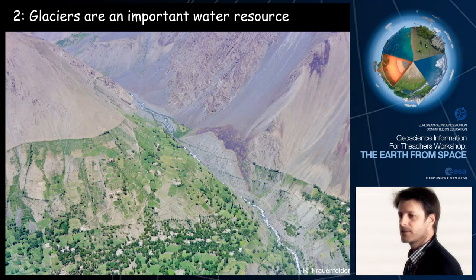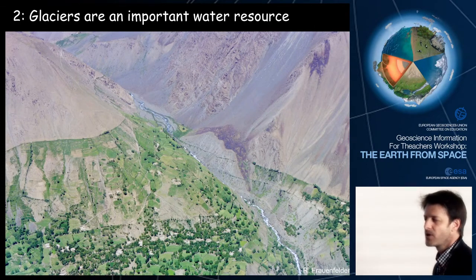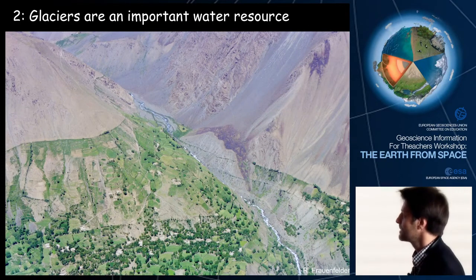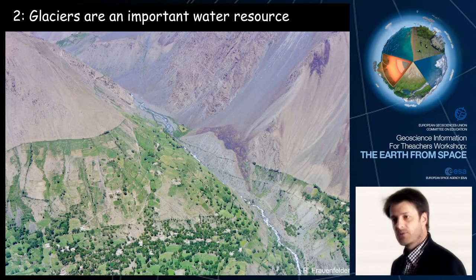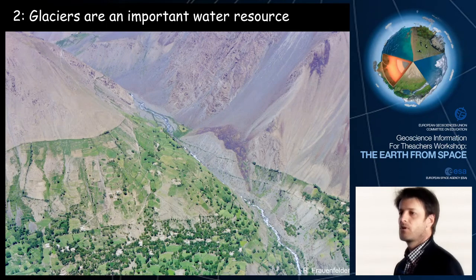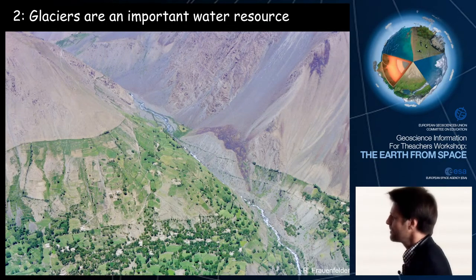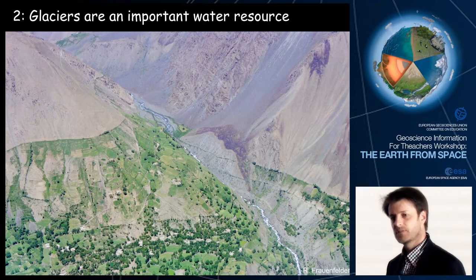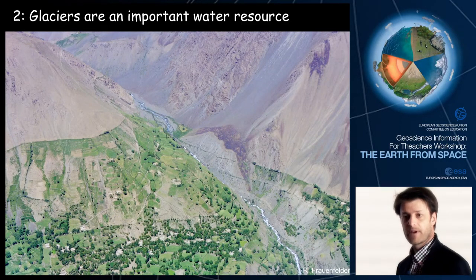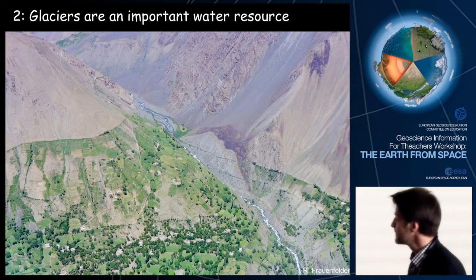Without glacier melt in summertime, there would be no water, and you will see that this water is used for irrigation. So people would hardly live there without this glacier meltwater. So Pamir, Central Asia, is a region where glacier meltwater plays an important role. Himalayas, the Andes, but also in the Alps, in the inner parts of the Alps, Valais or so, which are very dry, glacier meltwater is very important in summertime.